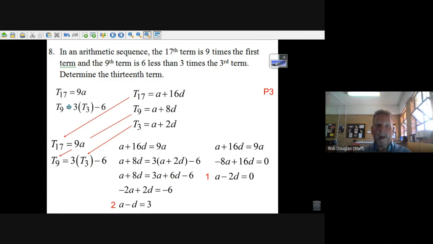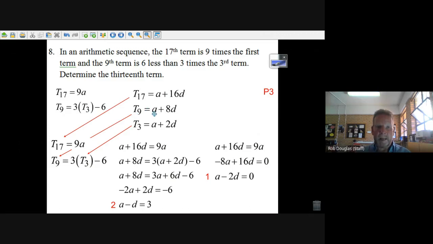Okay, well, there's your structure right there. T17 is 9a, T9 is 3 times the third term minus 6. But for T17, there's this trick for rewriting it. It's always the first term plus n minus 1, so 17 minus 1, 16 differences.